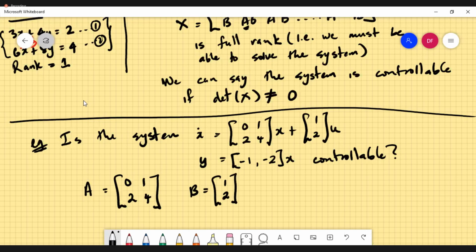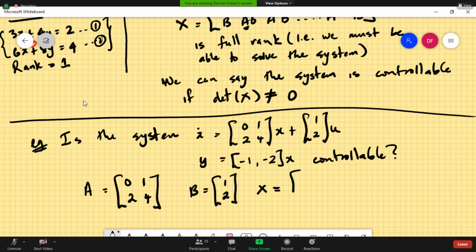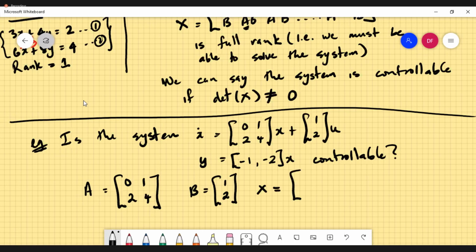So our matrix X is equal to B and then AB. It's a 2 by 2 matrix, so we're stopping at the second iteration. If it's a 3 by 3 matrix, then we would stop at the third iteration. That would be B, AB, A squared B, and so forth.